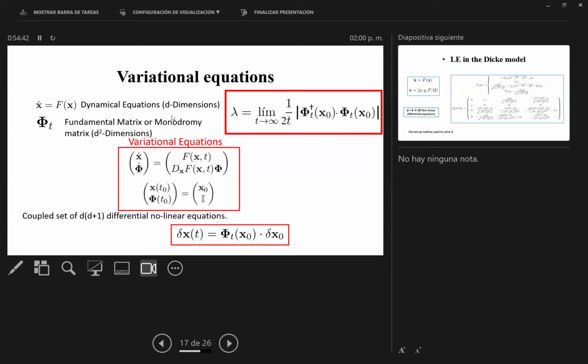Another property is that this is a dynamical system that preserves the energy. In this sense, if we calculate the spectrum, it preserves some properties from Liouville's theorem. The spectrum has four Lyapunov quantities, and two of them are zero, because the energy is conserved, and by Liouville's theorem the sum of the Lyapunov exponents needs to be zero.